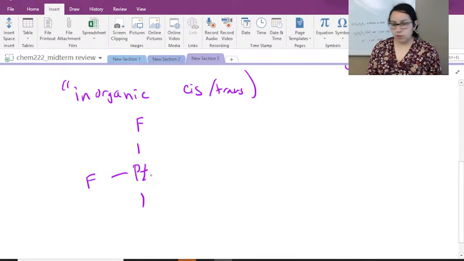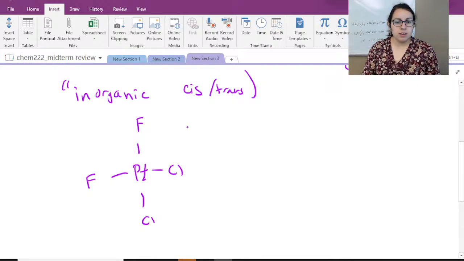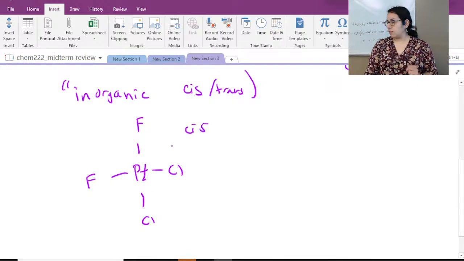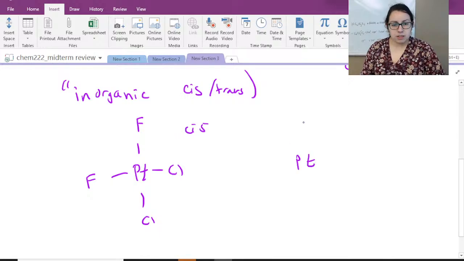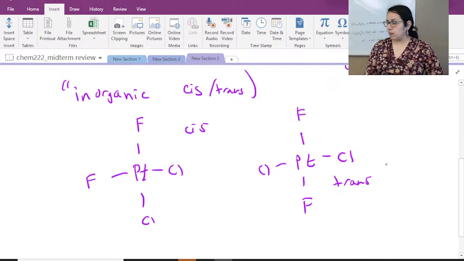So fluorine, fluorine, where they're next to each other, and chlorine, chlorine. So that would be cis, versus where they're across. So that would be trans.